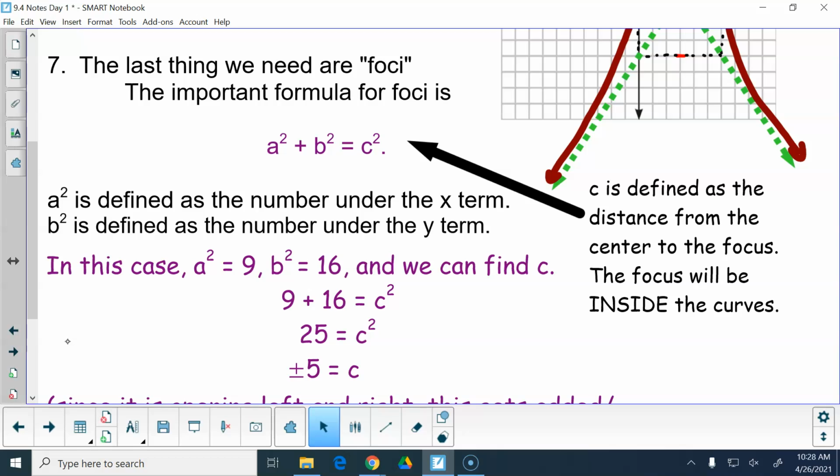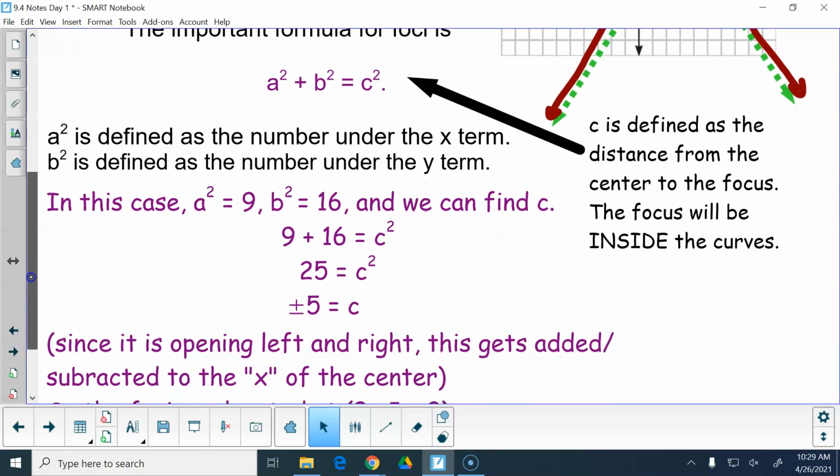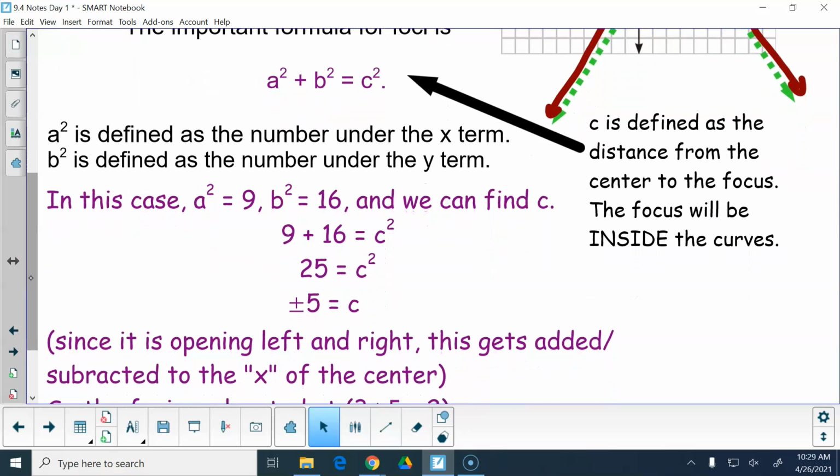So c, the distance from the center to the focus, that's the same as it was last week in an ellipse. c is the distance from the center to the focus. So c is 5. Since it's opening left and right, we're going to add that to the x part of the center.